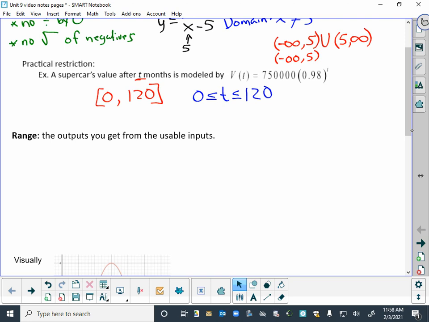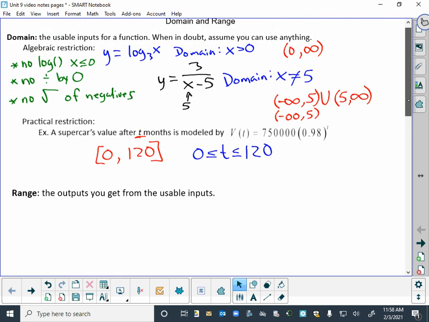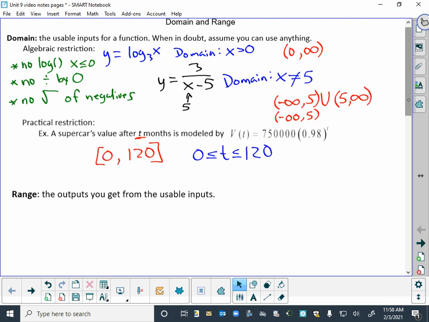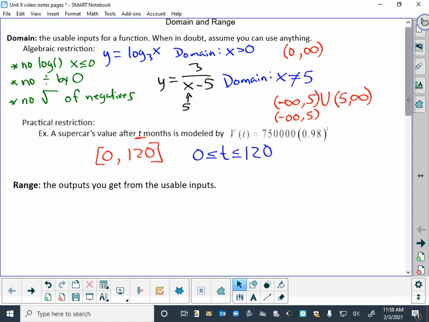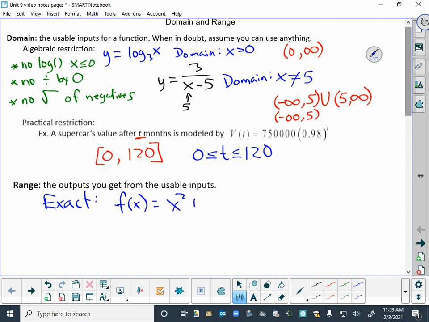Okay. So when we look at our restrictions on there, some of this range is a little bit harder to find out sometimes. Sometimes we can see it exactly. Okay. So every once in a while, when we have an equation that we know something about the parent function, we can get an exact range. If we know, for example, f of x equals x squared plus 2.